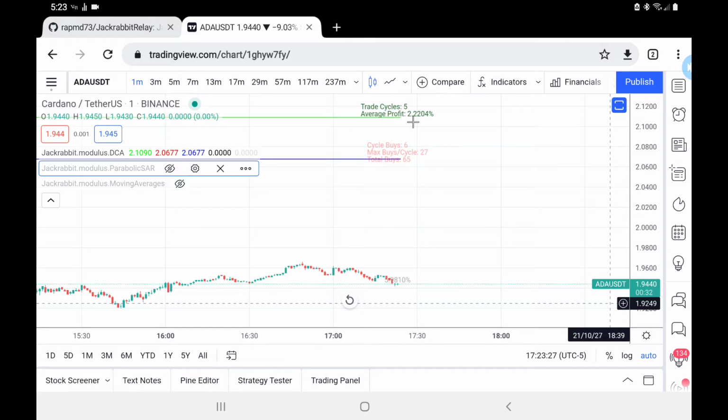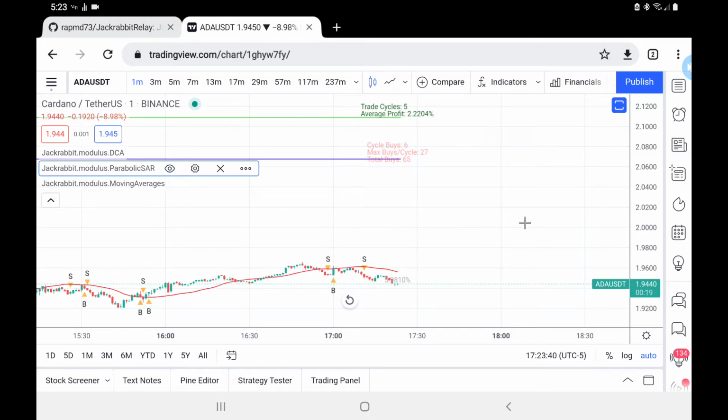So roughly 10% of your maximum purchases. Okay, let's take this. For a quick and crude way of reading this, this is 10% of your position size.